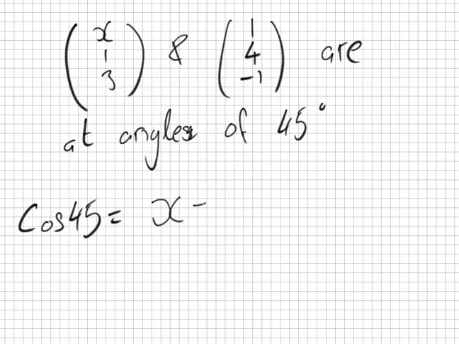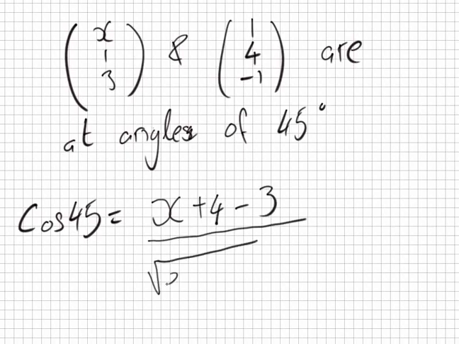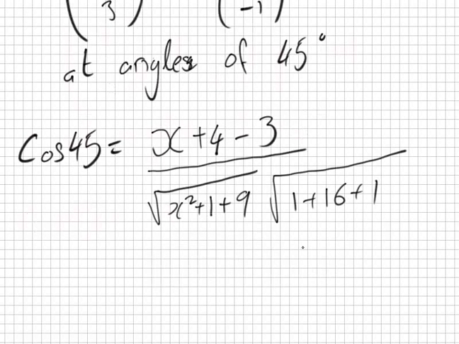x plus 4 minus 3, all over square root x squared plus 1 plus 9, and then the other one, square root 1 plus 16 plus 1. Now cos 45 I know is 1 over root 2, equals x plus 4 minus 3, which is x plus 1.